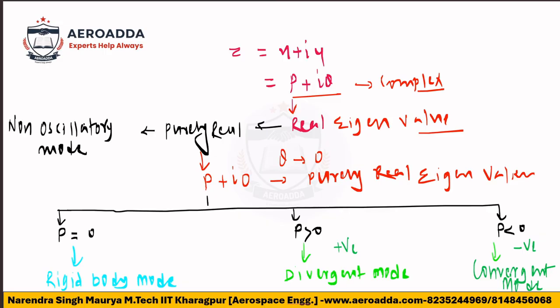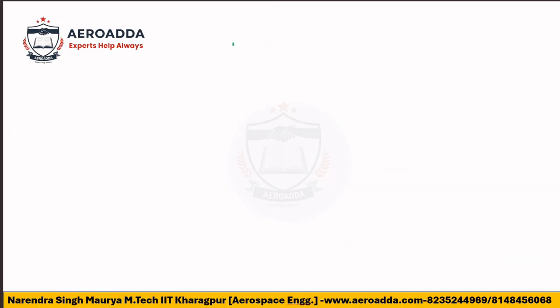Now coming to the very important case we want to discuss here, that is case two. What is case two? If the eigenvalue is complex.